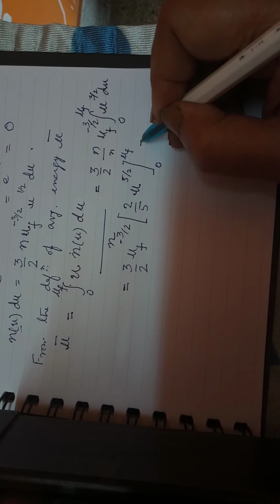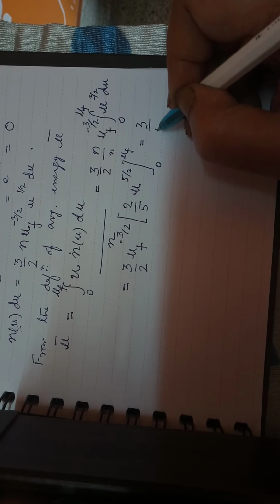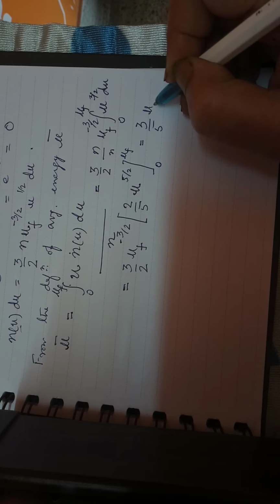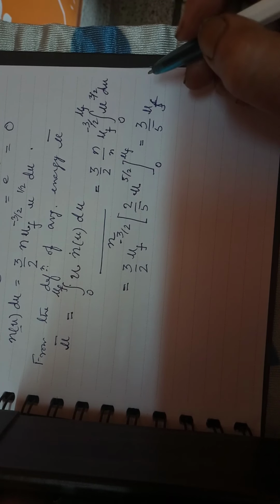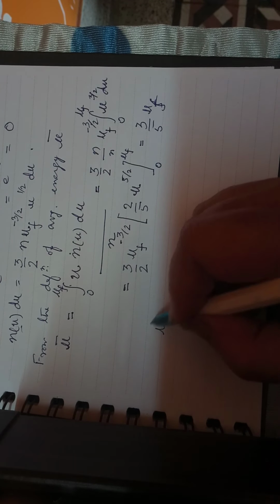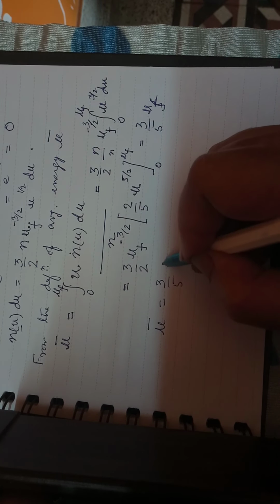So this is equal to 3 by 5 uF. So the average energy U bar is equal to 3 by 5 uF.